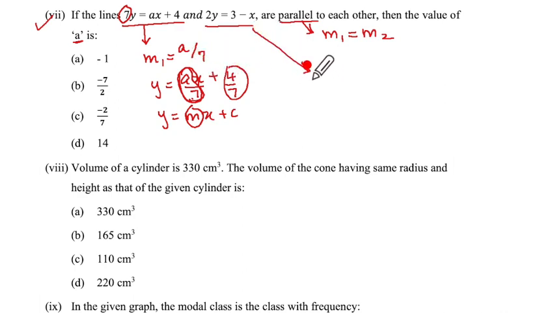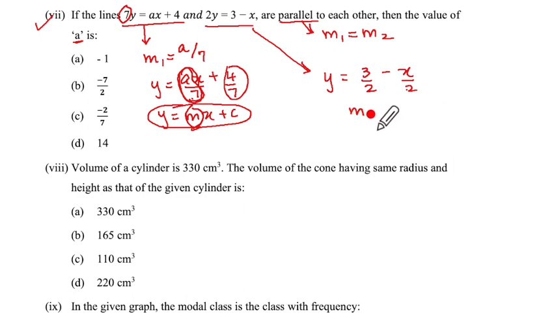Now let us take the second equation. We have 2y equal to 3 minus x. So y will be equal to 3 minus x, both divided by 2, but I will write it like this. We compare it with y is equal to mx plus c. The coefficient of x here gives us the value of m2. The coefficient of x is minus half.